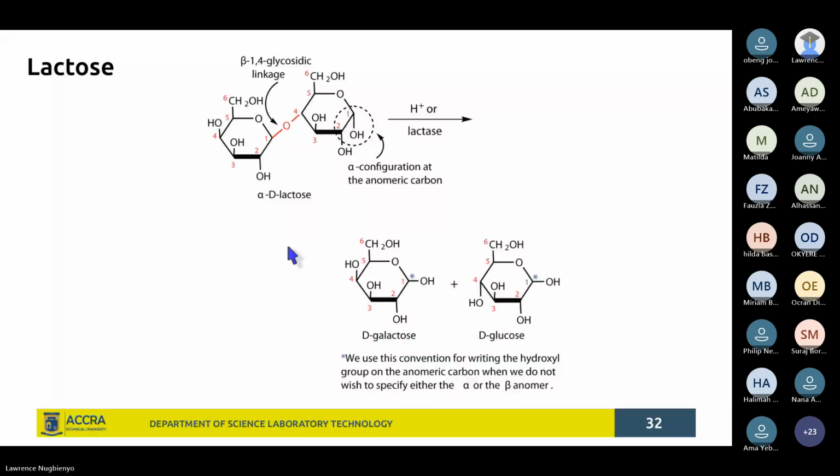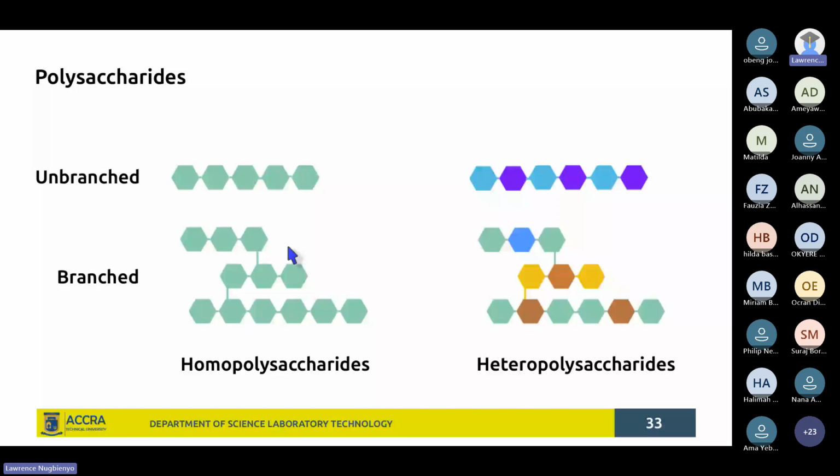Now, we move on to bigger carbohydrates. So far we've been talking about just disaccharides, that is taking two monosaccharides that are binding together, with a glycosidic bond between them, just two of them.